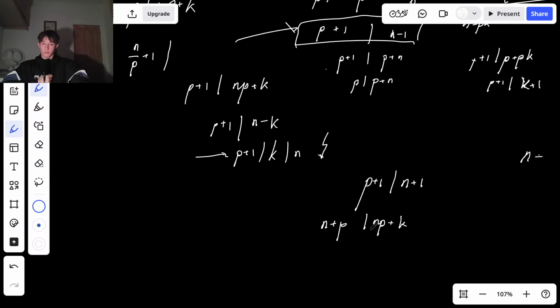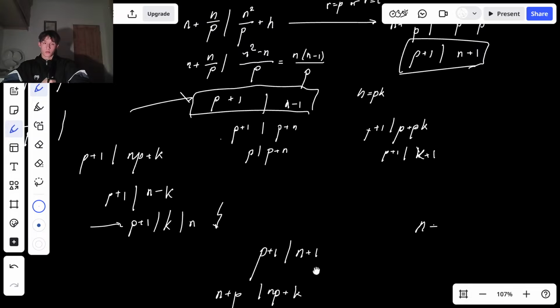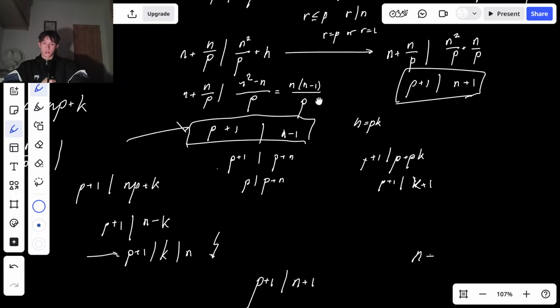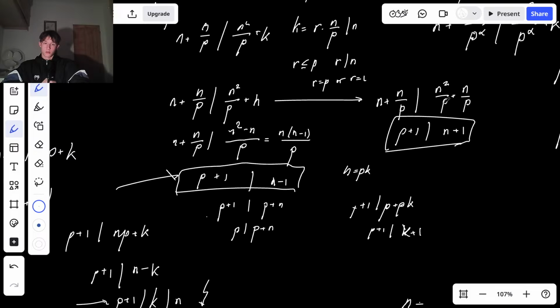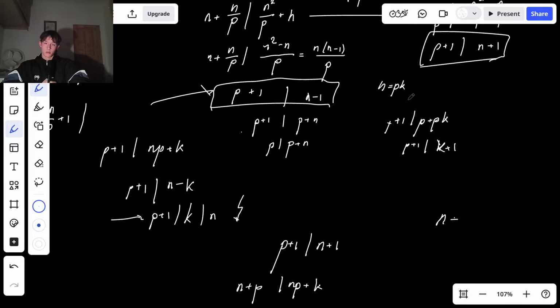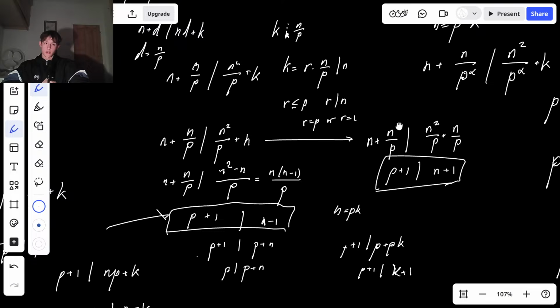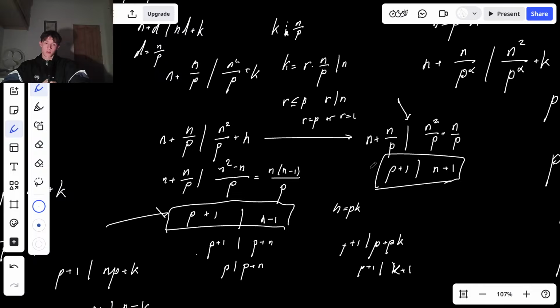But on the other hand, we do know that in this case r is exactly equal to n plus n over p, which should divide n squared over p plus n over p. So we know that p plus 1, yeah, that's essentially the same thing.